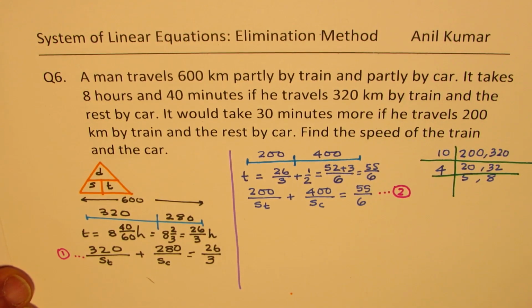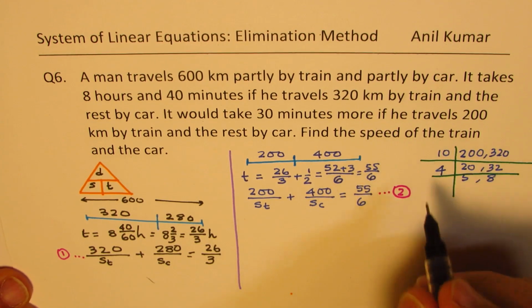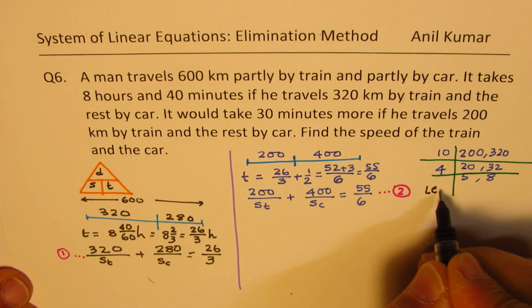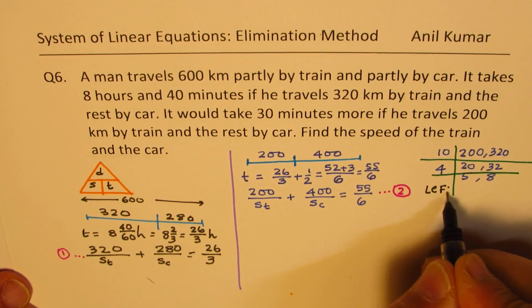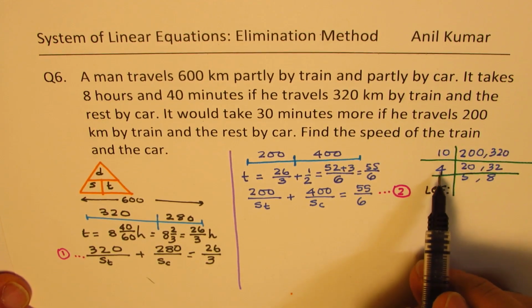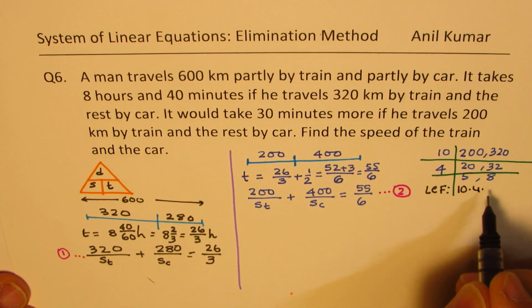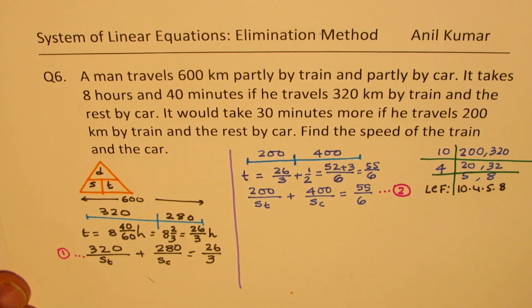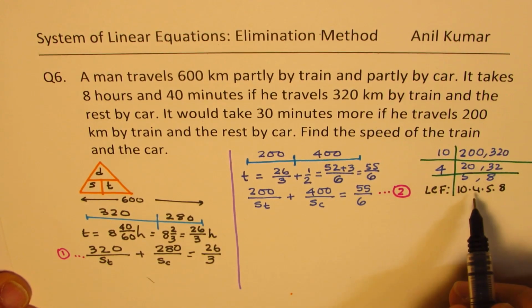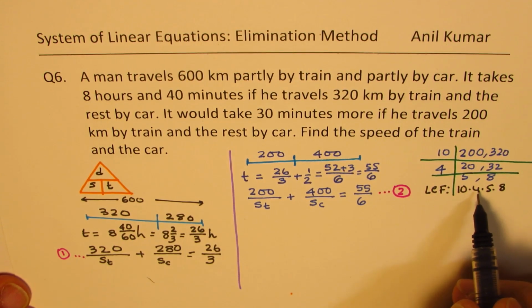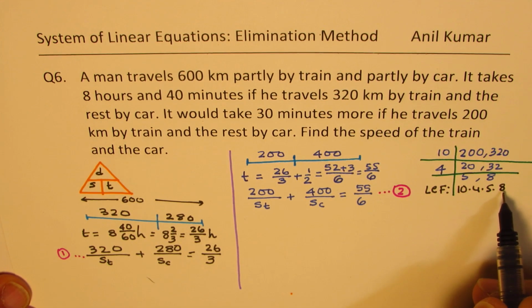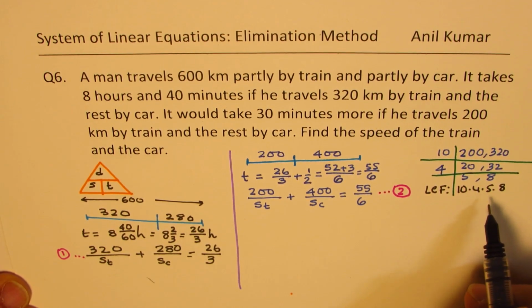So we get here that the lowest common factor, you can say, in our case, will be the product of these, which is 10 times 4 times 5 times 8. Now 4 times 5 is 20, 20 times 8 is 160, and then 1600.